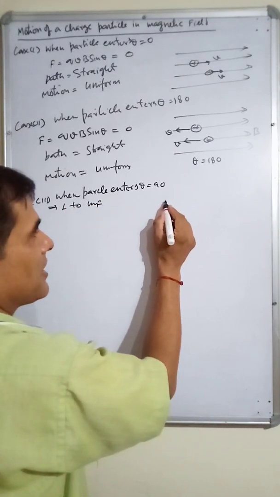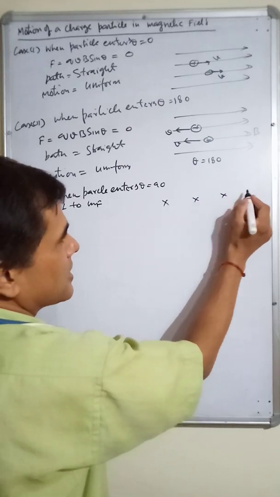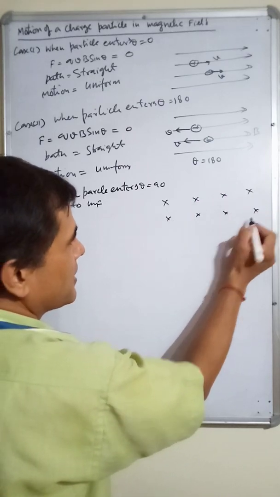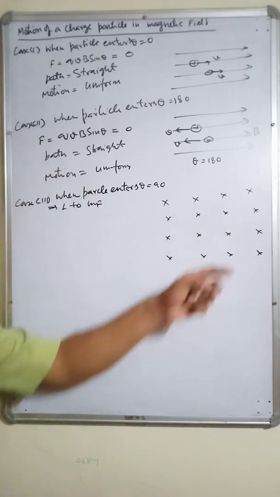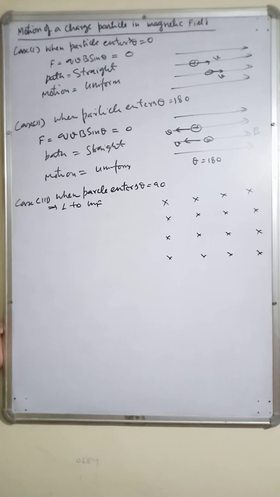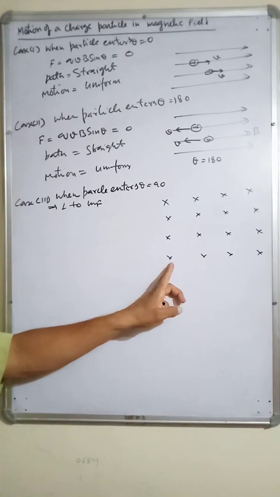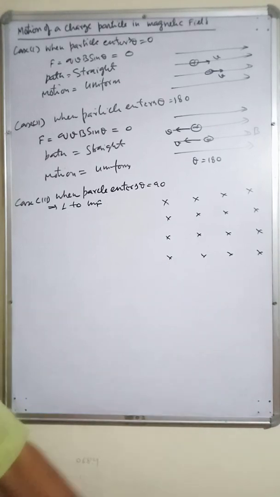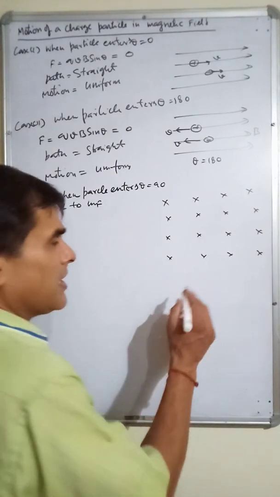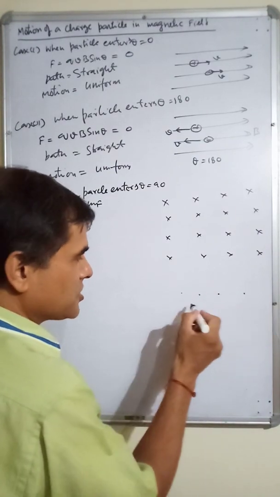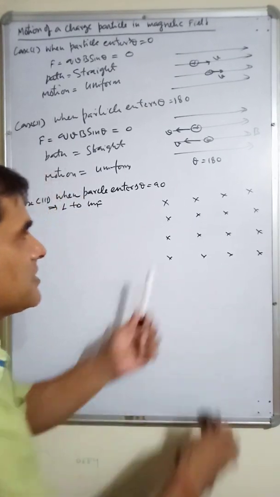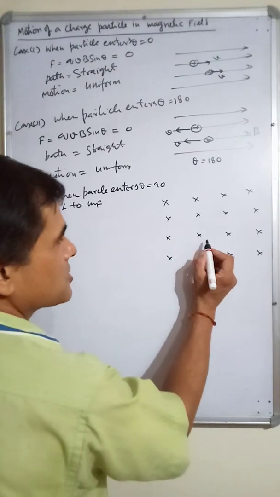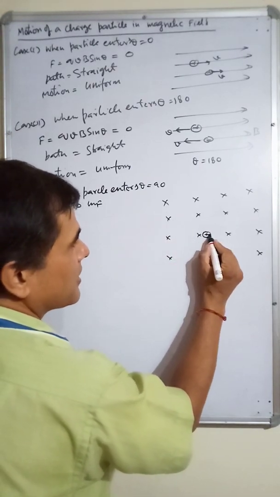Here I am taking the magnetic field as another set of equidistant points. This is a uniform magnetic field, perpendicularly inward. If the magnetic field is represented by equidistant cross points, it is perpendicularly inward. If the magnetic field is 20 Tesla here, it will be 20 everywhere. The unit of magnetic field is Tesla. Equidistant dots represent a field perpendicularly outward, and crosses represent a field perpendicularly inward.